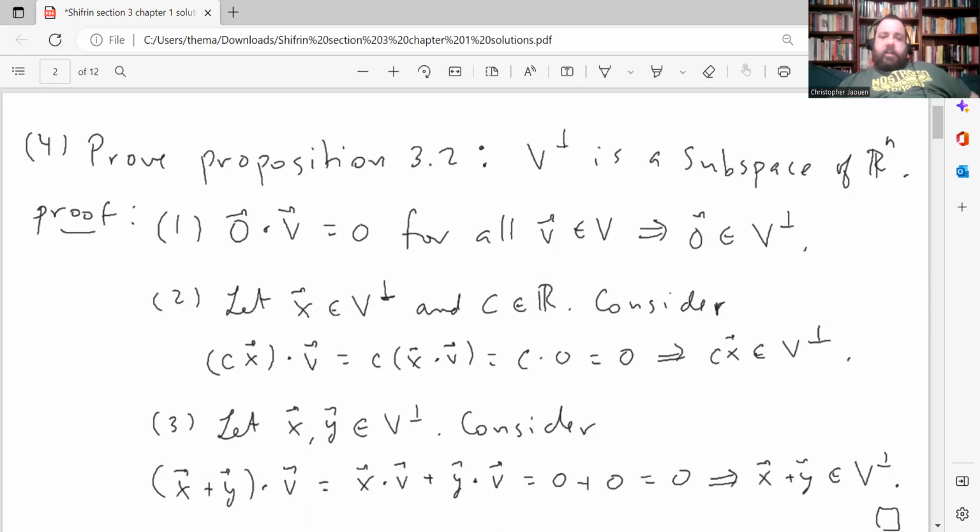That's one of the properties. And you get c times x dot v, and x dot v is 0 because x is in Vperp. So you get c times 0, which is 0, and that implies that c times x is an element of Vperp.